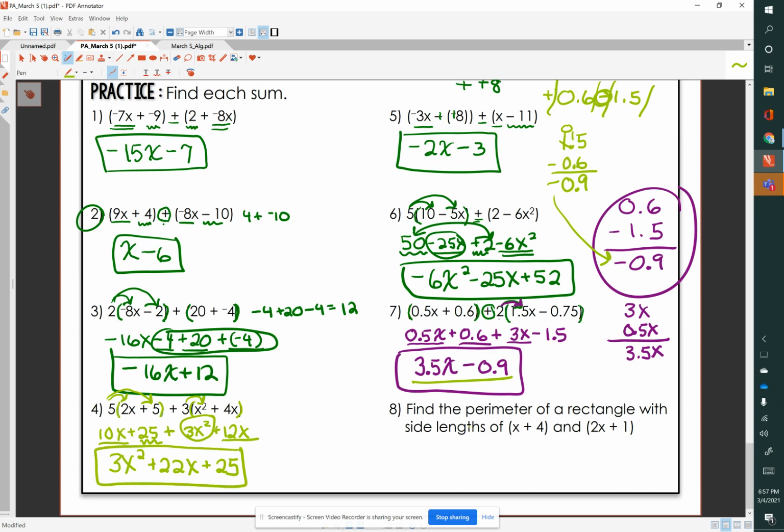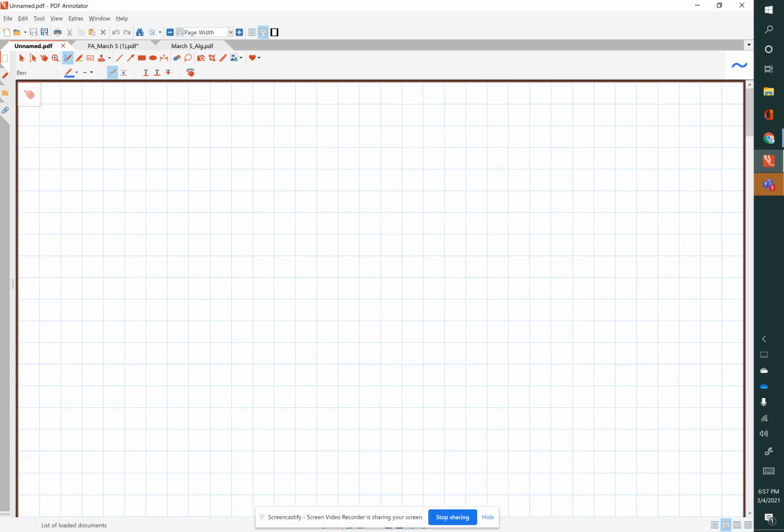Now we have a word problem. Find the perimeter of a rectangle with side lengths of x plus 4 and 2x plus 1. So we're imagining a rectangle. And it's got sides of x plus 4, and then this side would be the same.